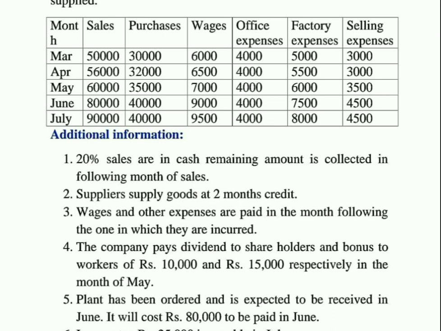So the 30,000 purchases related to March will be payable in the month of May. So there is a 2 months credit period.